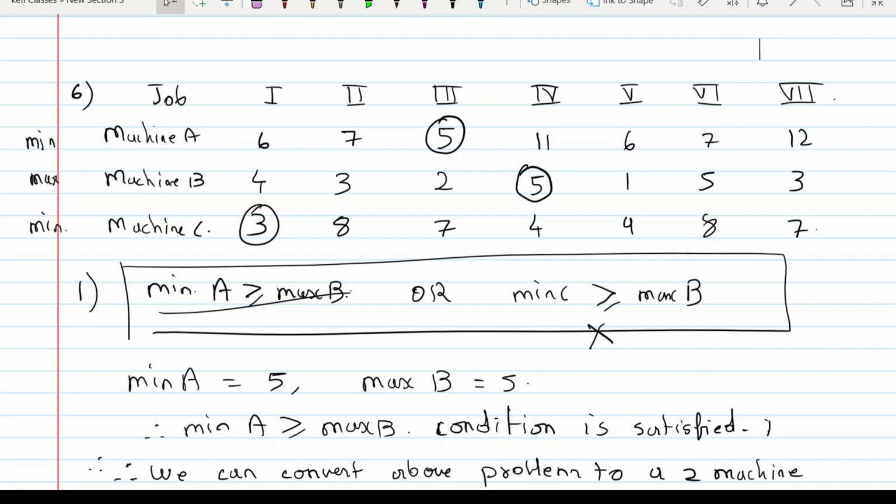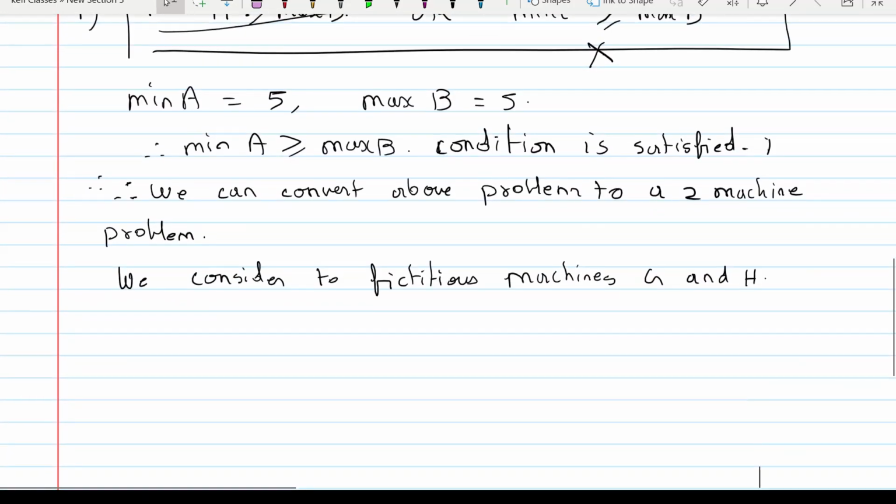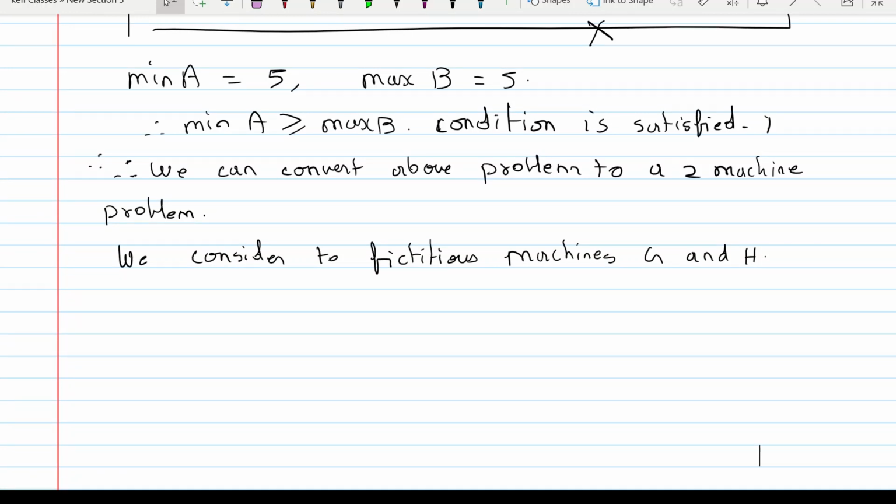We consider two fictitious machines G and H such that time for G is equal to A plus B and H is equal to B plus C. So make these two machines now.